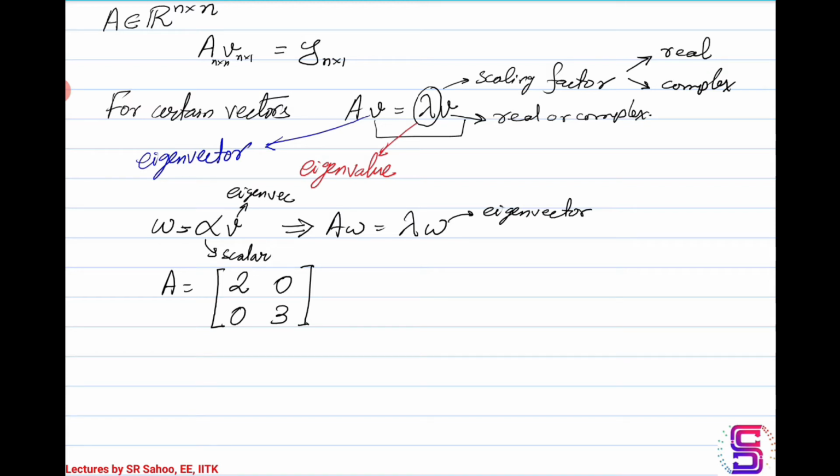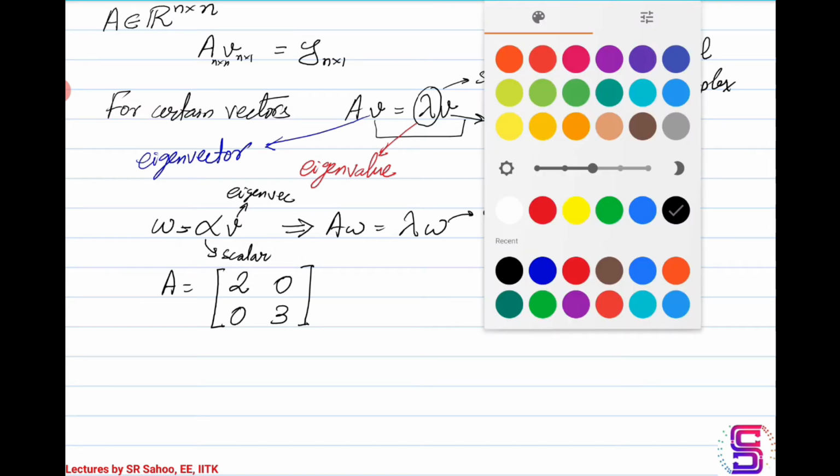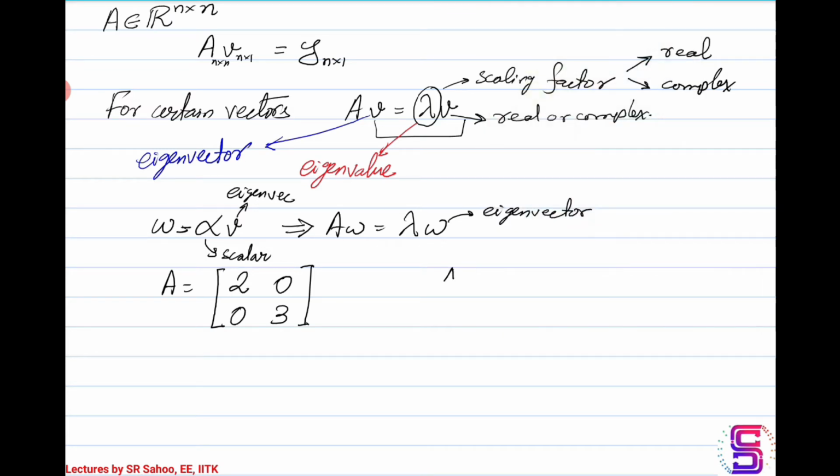Okay, so in this case, if I consider the vectors 1 0 and 0 1, so this is your y-axis, this is your x-axis, and this is the origin that you get.